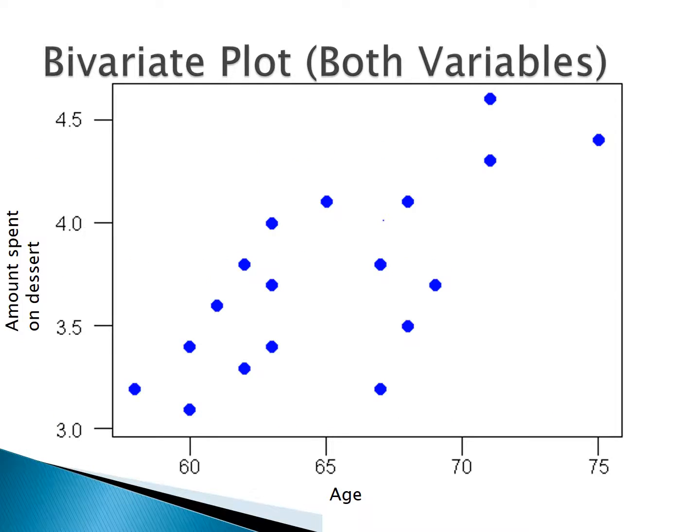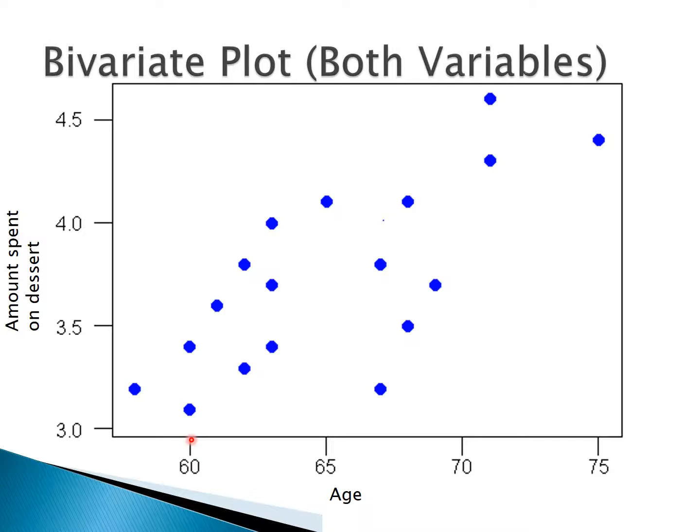Another way of looking at it is a bivariate plot. In this one, we have both variables, age and amount spent on dessert, displayed. Each of these spots represents a single person. So there was one person aged approximately 58, and they spent €3.20 or 30 or so.